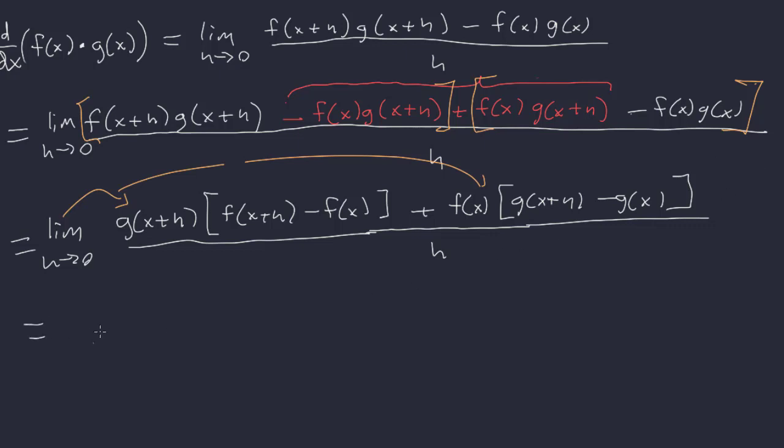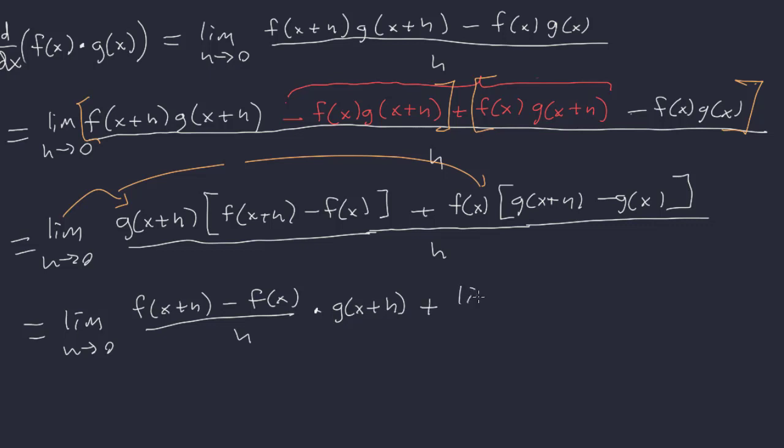So I'm going to have the limit as h goes to 0 of, I'm going to write this a little differently, f of x plus h minus f of x all over h, and times g of x plus h. So there's our first piece. And the second piece will be the limit as h goes to 0 of f of x times g of x plus h minus g of x all over h.